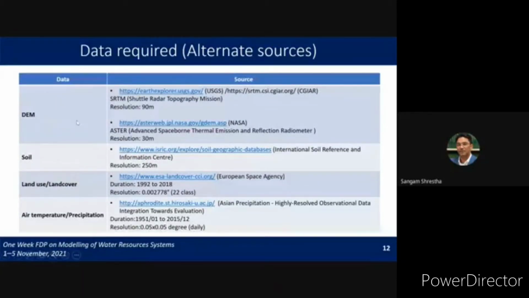For example, the digital elevation model, which is the topography of the given location, can be downloaded from the website of the USGS or NASA. They have different resolutions of the DEM available. For example, from the USGS, the digital elevation model of 90-meter resolution is available. From NASA, the digital elevation model of 30-meter resolution is available.